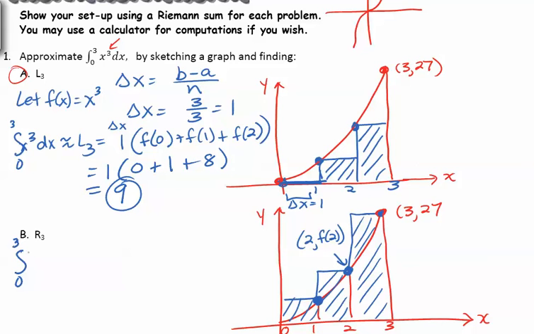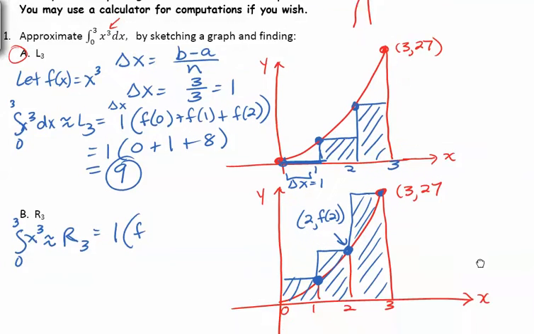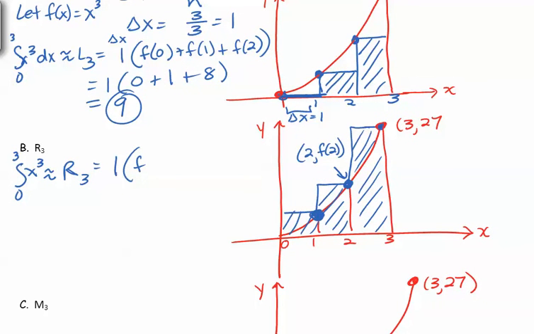So now let's repeat the same. We're approximating the area, but this time we're using R3. So this time we want to measure the heights on the right-hand side. So our first rectangle had a height at f of 1, and our second rectangle had a height at f of 2. And our third rectangle has its height at f of 3.